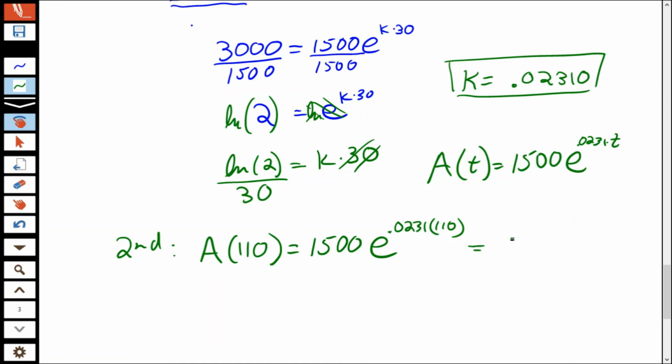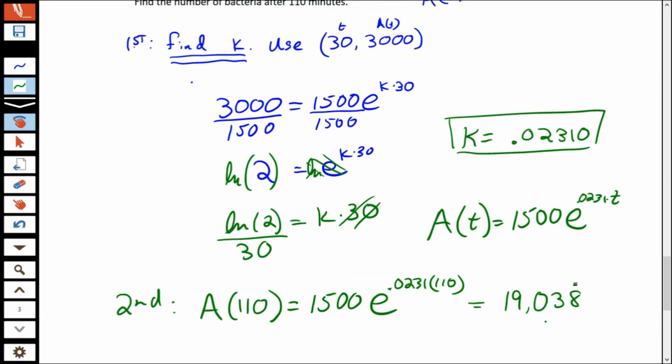Just simply plugging in for that exponent, that time. In WebWork you could just go ahead and plug this in. Otherwise, you can plug it into your calculator, and you'll get about 19,038 bacteria. Okay, so that's how we use exponents to solve some of these equations.